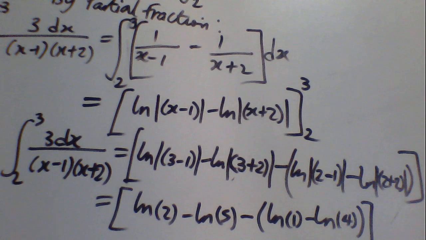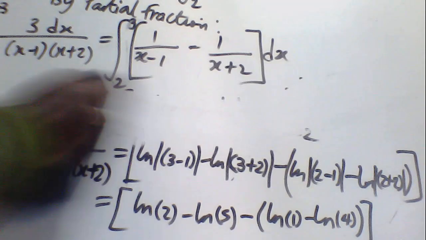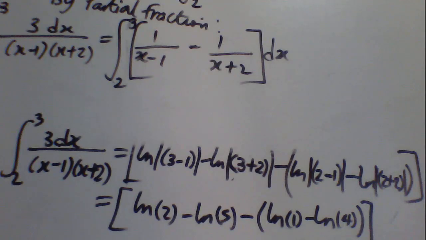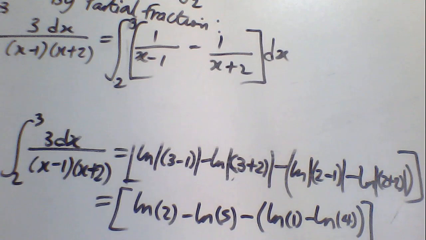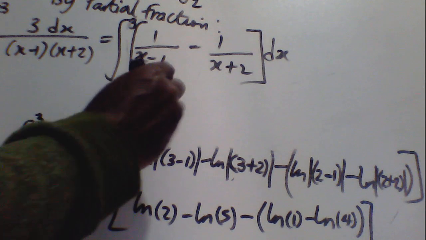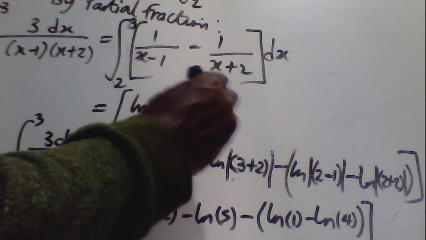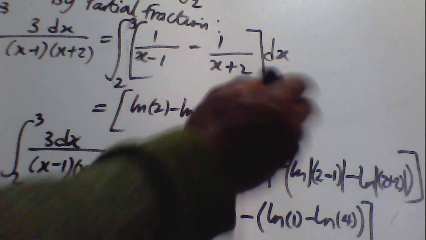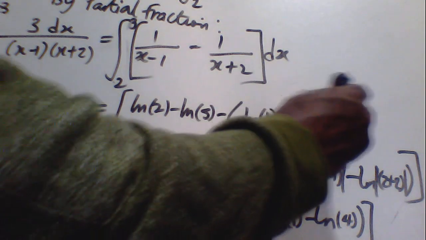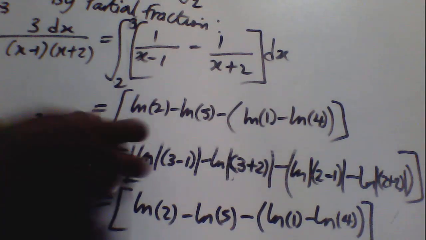So let's bring it up. Bringing it up, you have ln 2 minus ln 5 minus, put bracket, ln 1 minus ln 4. You close bracket.